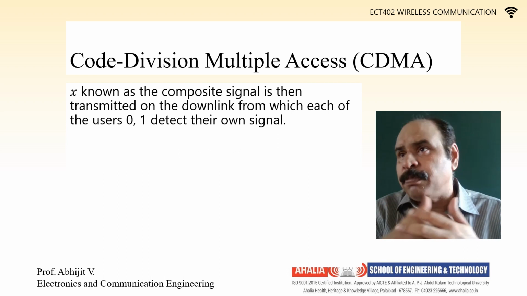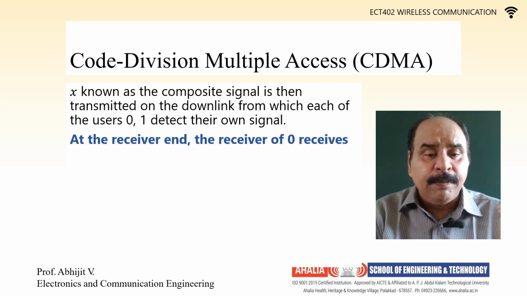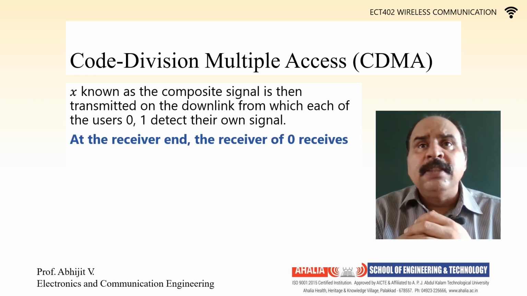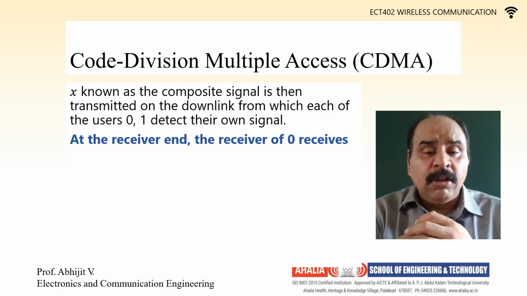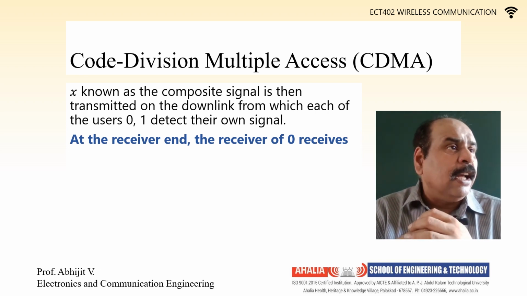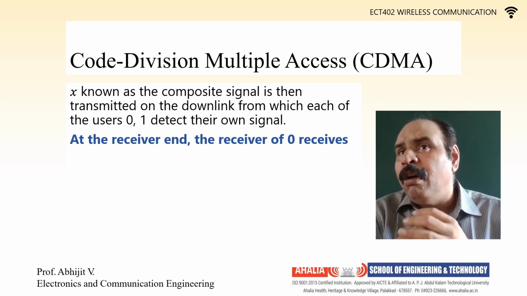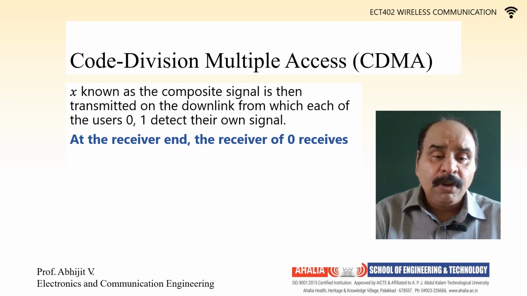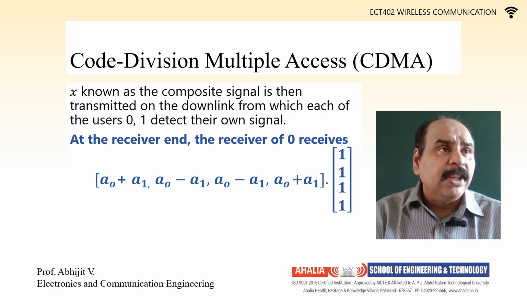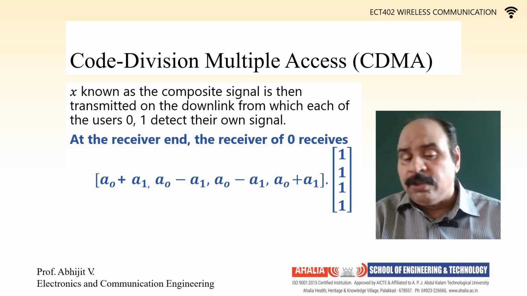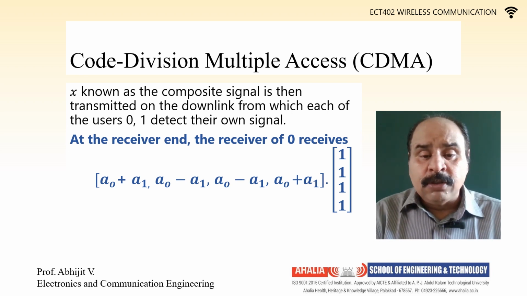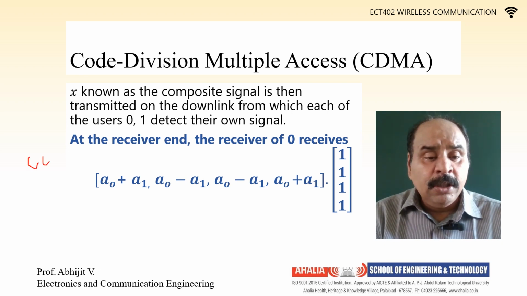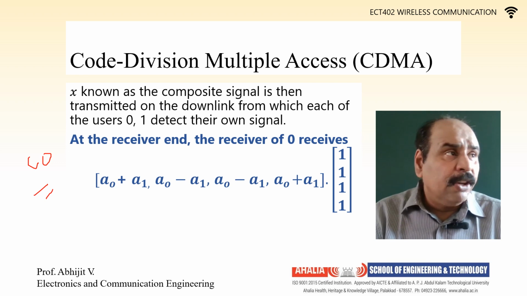How this detection process is going to happen is what we are going to see. At the receiver's end, let us take the example of the receiver of user 0. He'll be receiving a signal. This code C0 is already known to the receiver.